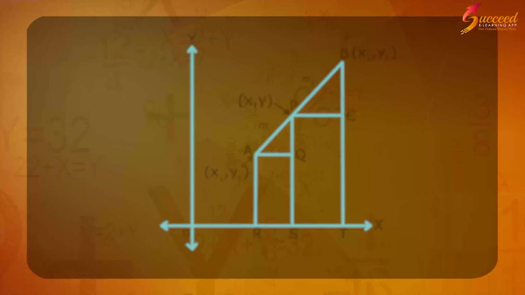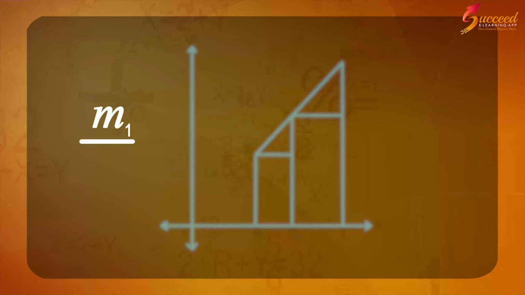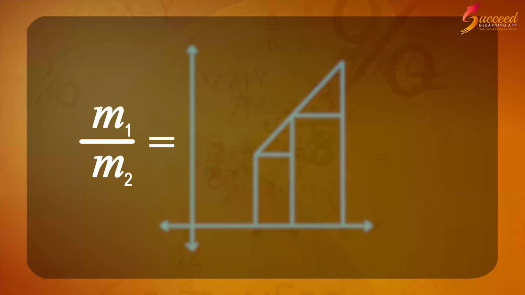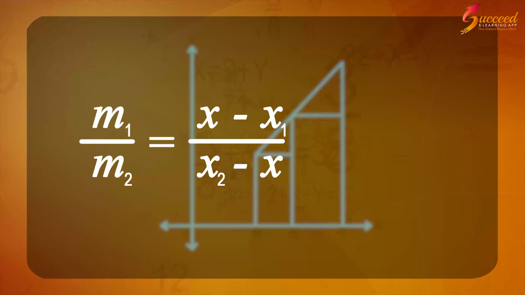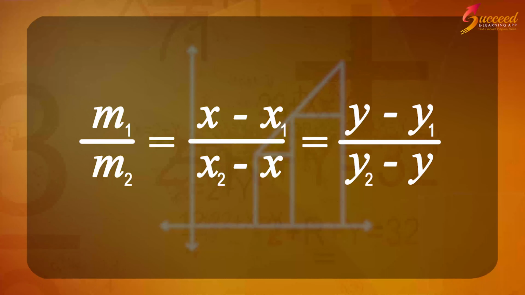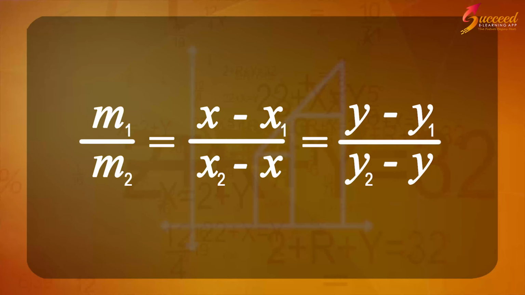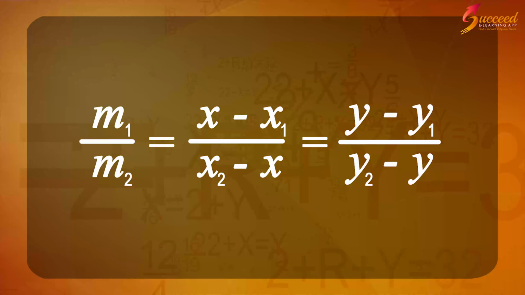Therefore, m1/m2 is equal to (x minus x1)/(x2 minus x), which is equal to (y minus y1)/(y2 minus y).